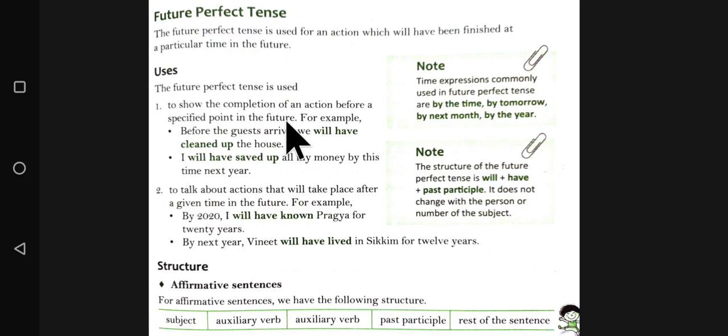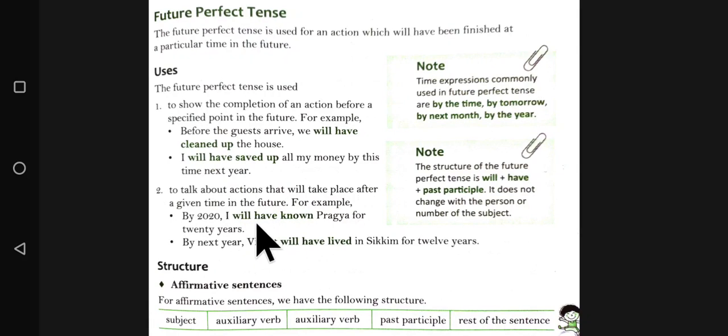Now the next use: it is used to talk about actions that will take place after a given time in the future. Listen once again. It is used to talk about actions that will take place after a given time in the future. For example, by 2020, I will have known Pragya for 20 years.